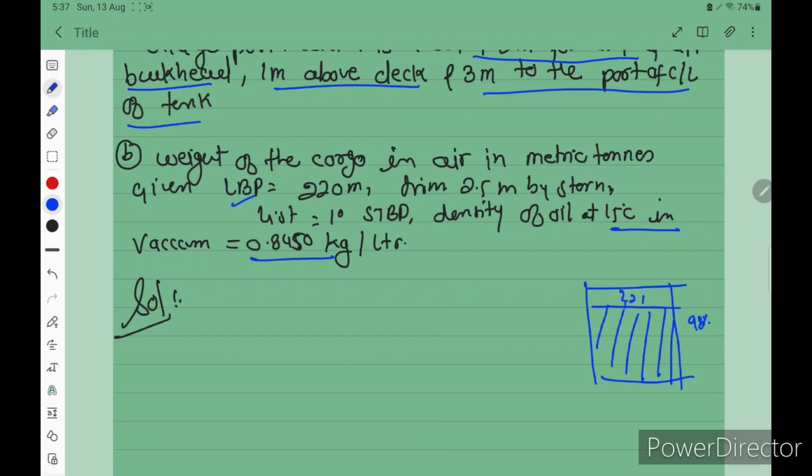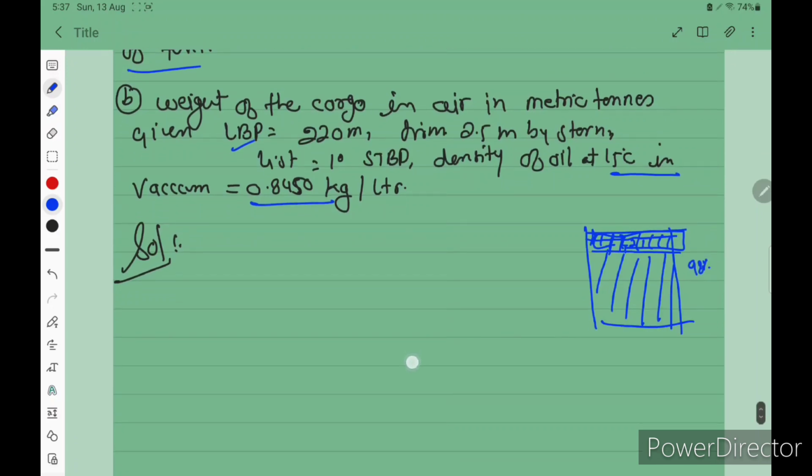During the passage, when the temperature rises, the volume of the oil will increase, so the oil level may come up here. That's why 2% volume of the tank is left for expansion. So let's see how it's solved. First, in the exam you have to write whatever is given. Then we'll draw the diagram.